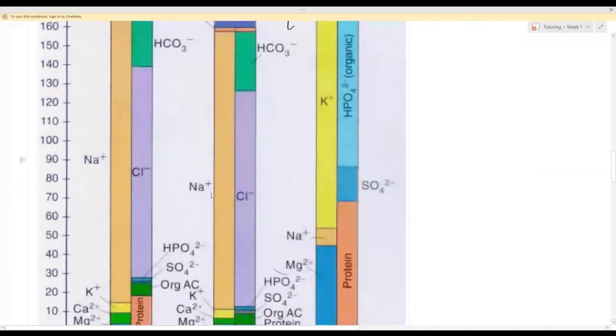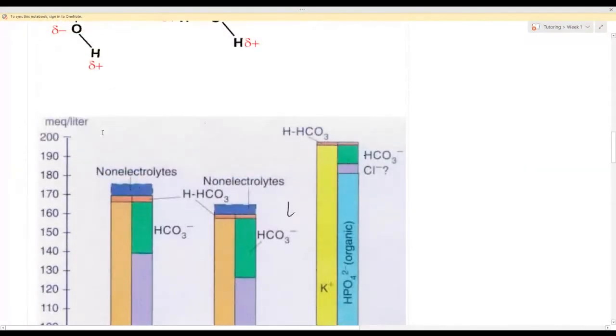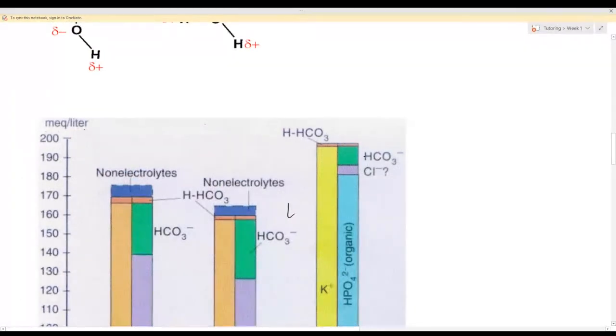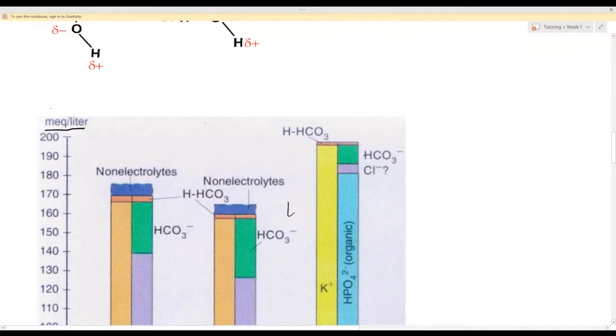Okay. So the y-axis of this figure is milliequivalents per liter. Obviously milliequivalents isn't a unit we're very familiar with. It's not really a unit, it's just for convenience. Think of it almost like millimoles, or almost like milligrams.